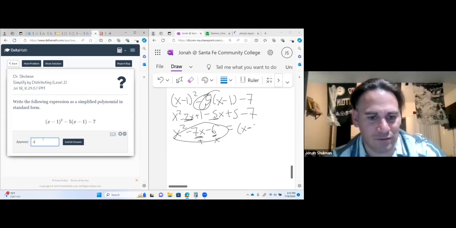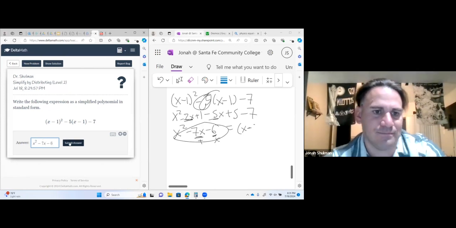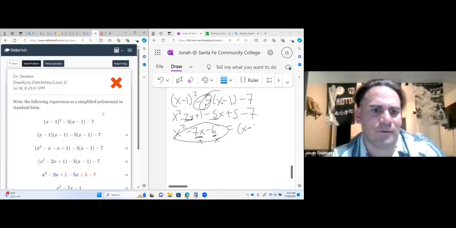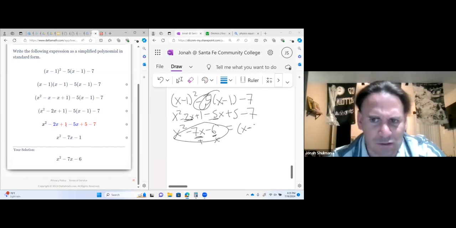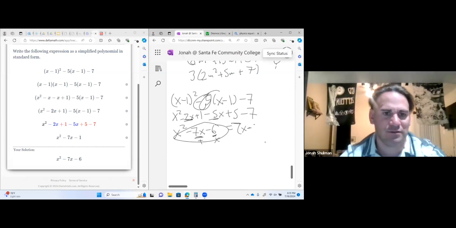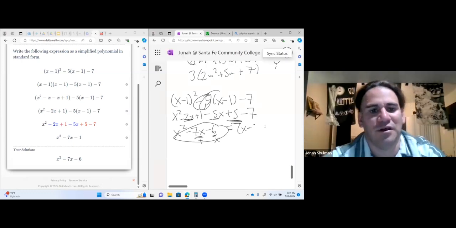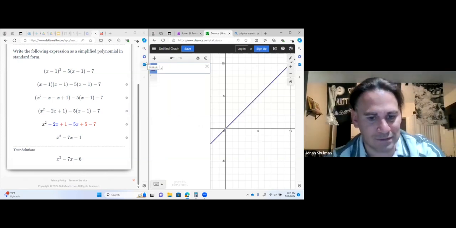x squared minus 7x minus 6. -7 and a positive 1. Oh, I forgot the 5. Give me a break. I was just going to show you that this thing doesn't hit the y-axis.